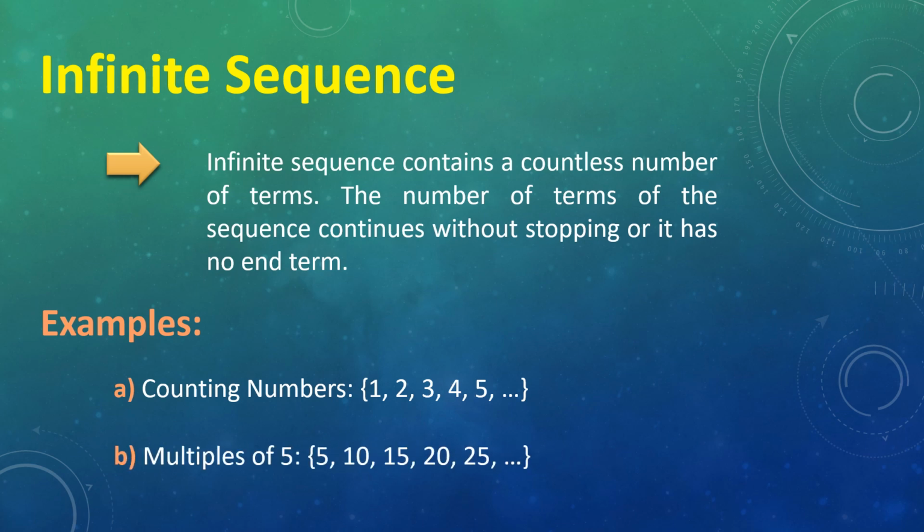Example letter B, the multiples of 5: 5, 10, 15, 20, 25, and so on. Again, the ellipsis indicates that the sequence continues, or it has no end term.